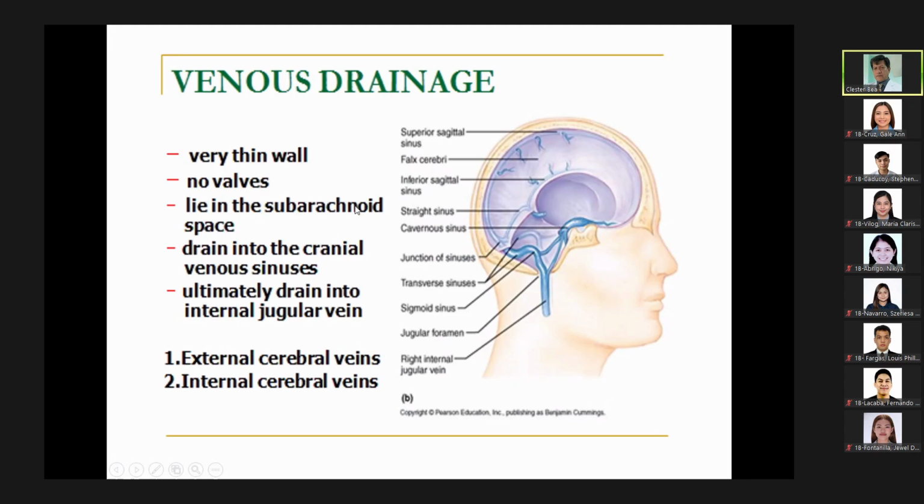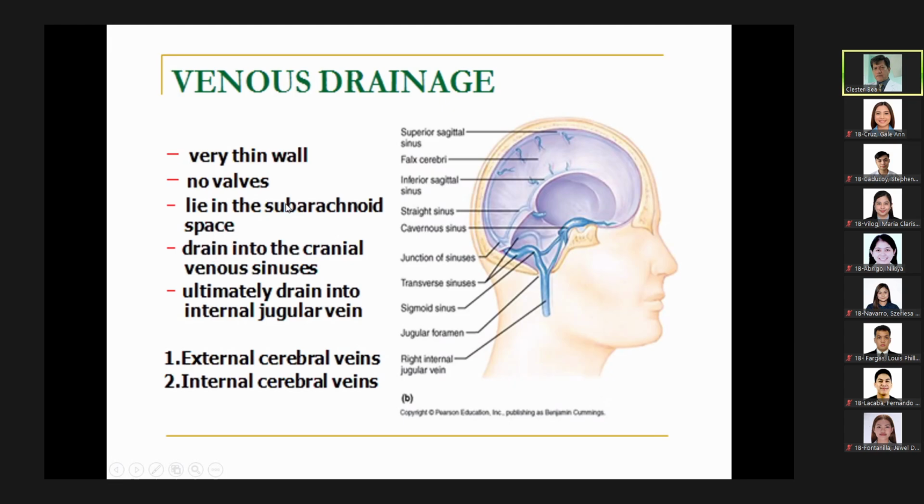So although there is a preferential flow towards one direction, it is not uncommon for venous blood to backflow in a different direction if there is an obstruction. You will understand that there are no valves that can ensure a unidirectional flow of your venous blood.